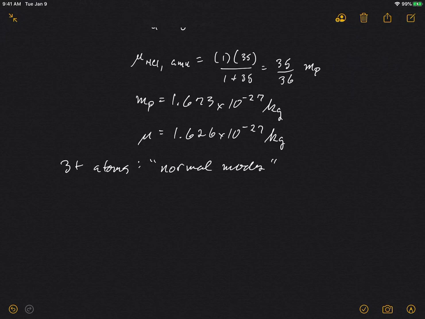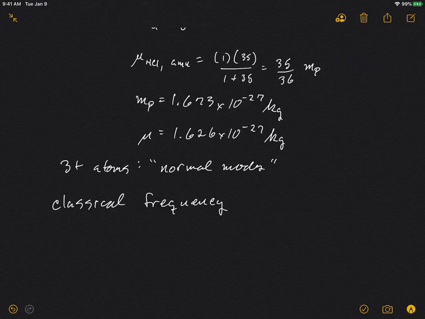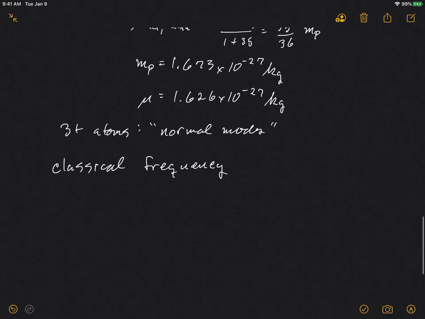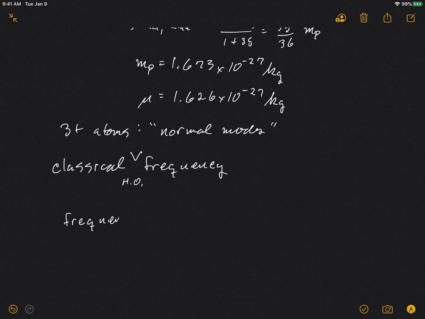also define something. Let's pull something from the classical harmonic oscillator. So for a classical harmonic oscillator, its frequency, and we're going to use the symbol nu.